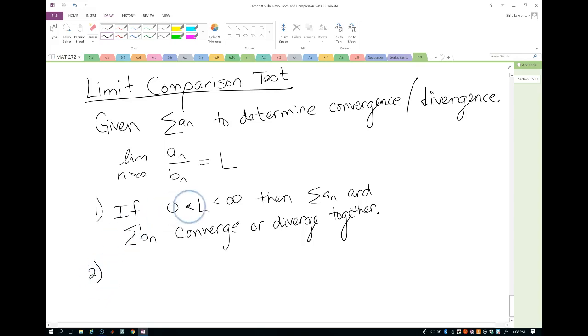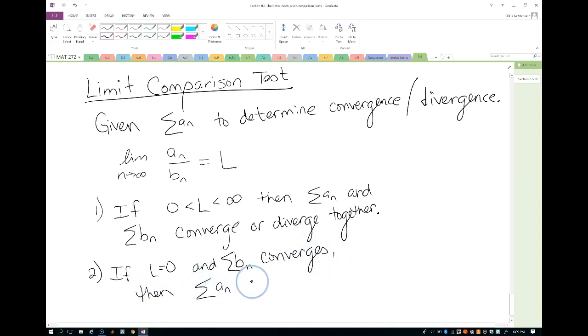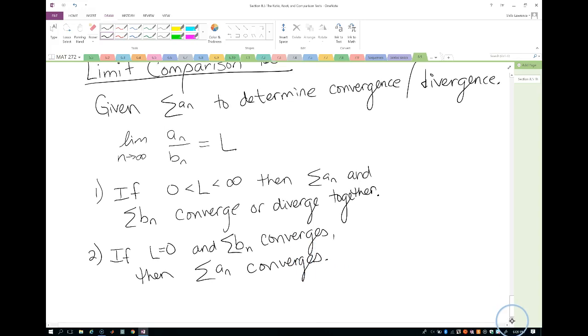Our other two options here are if L actually equals 0 or infinity. So if L equals 0 and our sum for our b sub n's converges, then the sum for the a sub n also converges. That is only true for the 0 case.